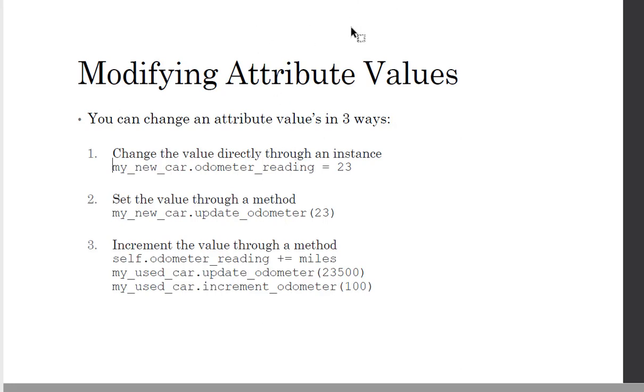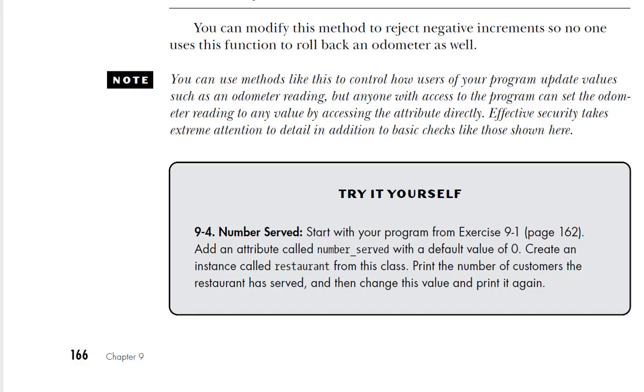So now we're going to look at our next lab, 9-4. So 9-4 says number served, and we're going to start with the program that we did in 9-1. We're going to add an attribute called number served with a default value of 0, just like we did with odometer reading.